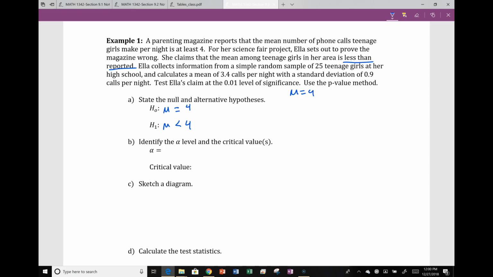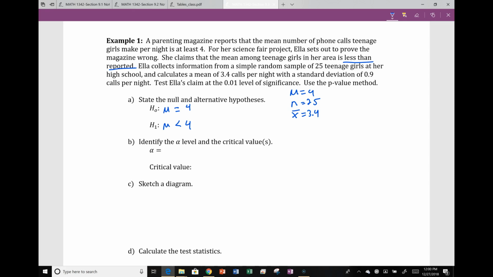Ella collects information from a simple random sample of 25 teenage girls, so n is 25, at her high school, and calculates a mean of 3.4 calls per night with a standard deviation. Notice, it tells us this is a standard deviation.